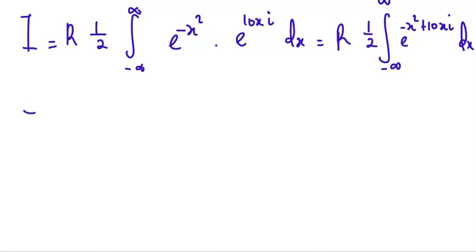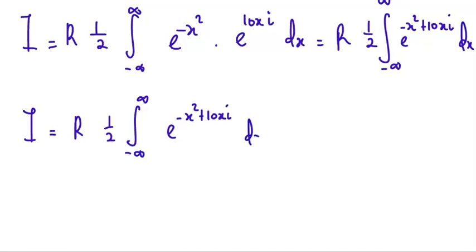So from here, I is equal to the real part of 1 over 2, the integral from negative infinity to positive infinity, e to the negative x squared plus 10xi dx.